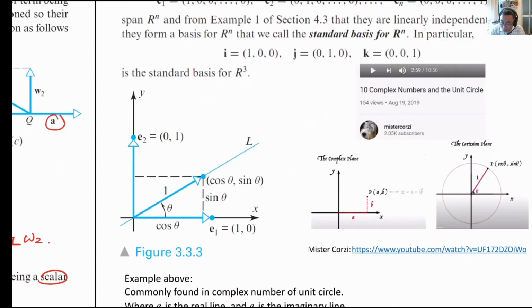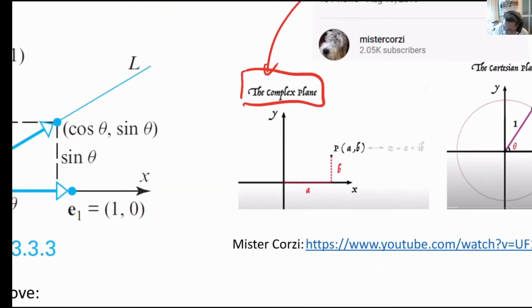The use of orthogonal basis is also done for complex numbers. The complex numbers are sometimes drawn in the complex plane, where x here is the real number line, and y is the imaginary number line. And they are orthogonal to each other.